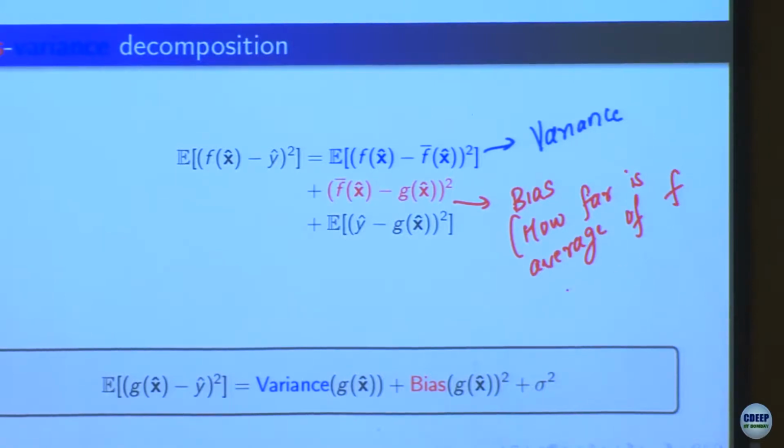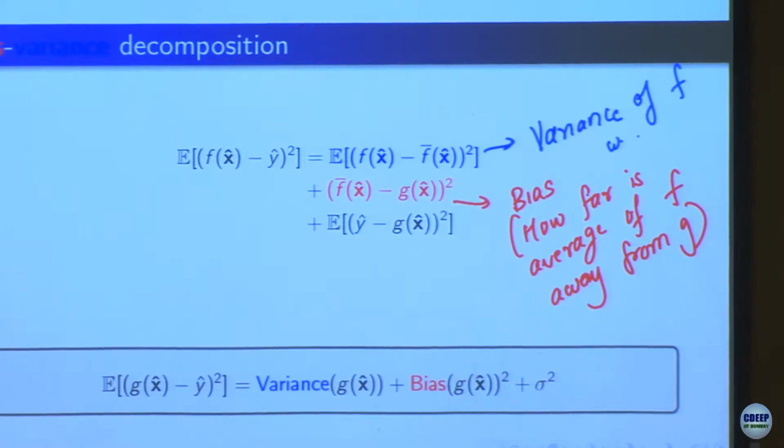How far is the average of f away from g? That is the bias. The variance is the variance of f with respect to its average fit.